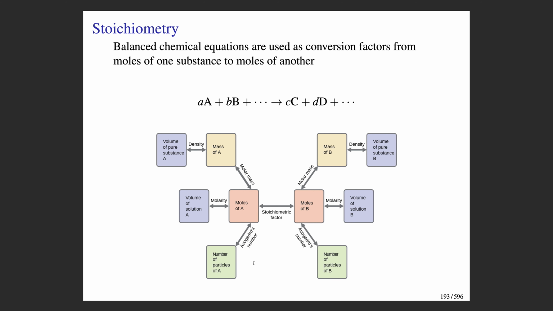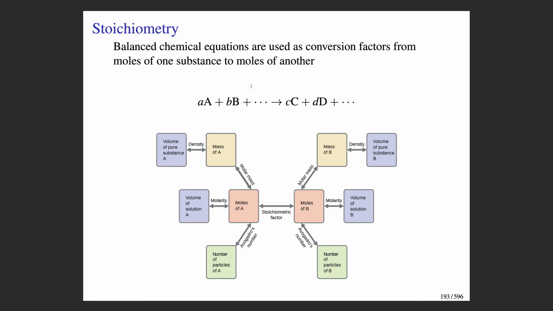And the heart of any stoichiometric problem involves a mole to mole conversion using the stoichiometric coefficients in the chemical reaction. So the chemical reaction itself can be used as a conversion factor between reactants and products, or between reactants and reactants, or between products and reactants.